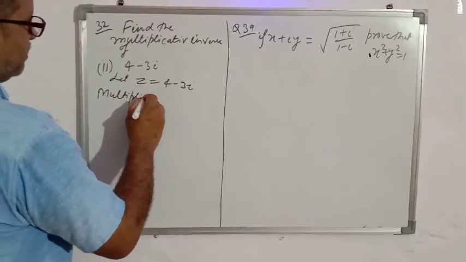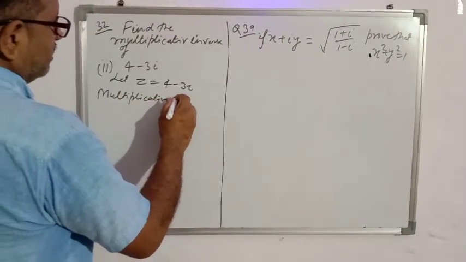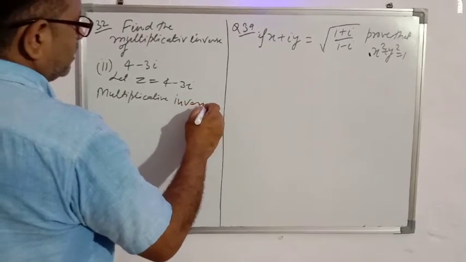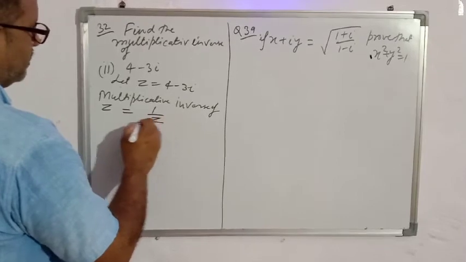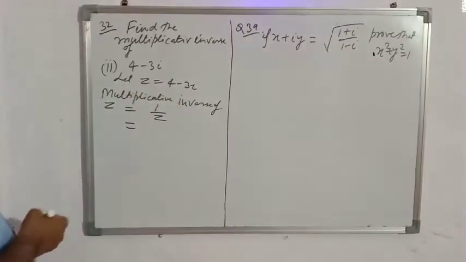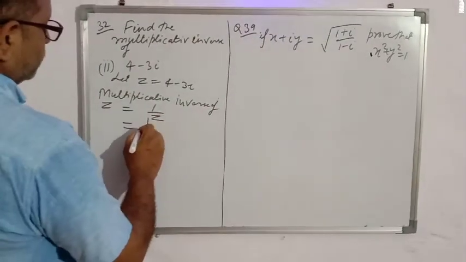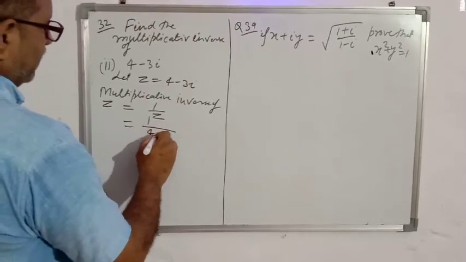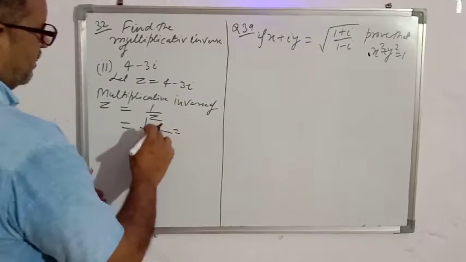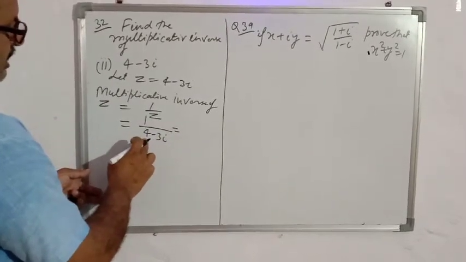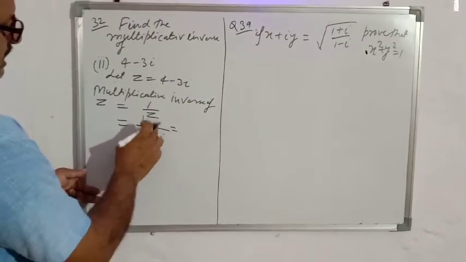Multiplicative inverse of z is equal to 1 by z, the reciprocal of the complex number. So it will be 1 by 4 minus 3i. Multiply numerator and denominator by the complex conjugate of the denominator.